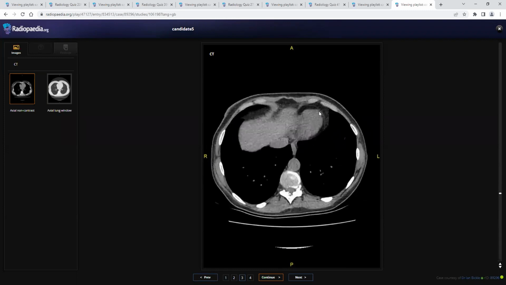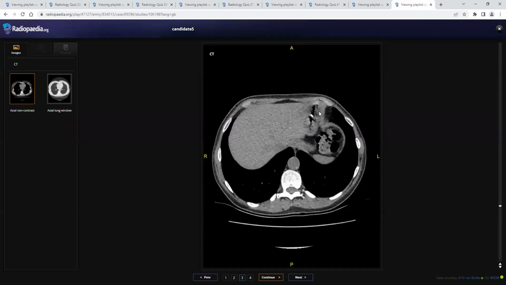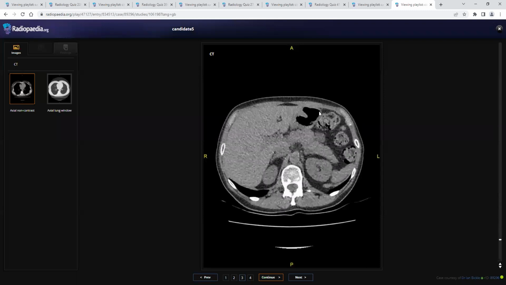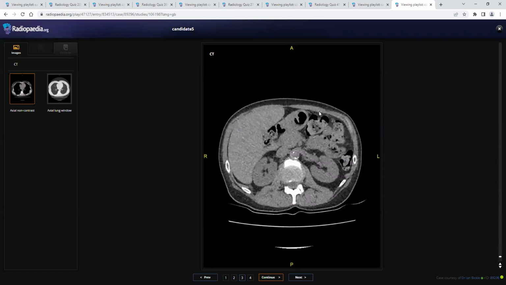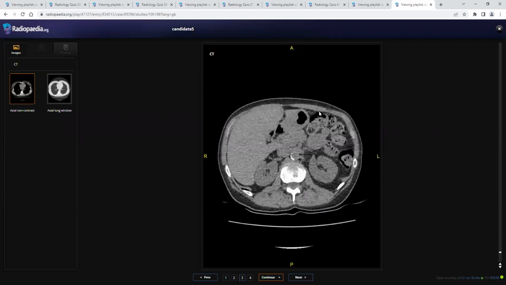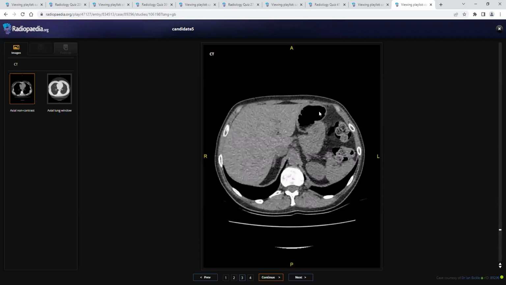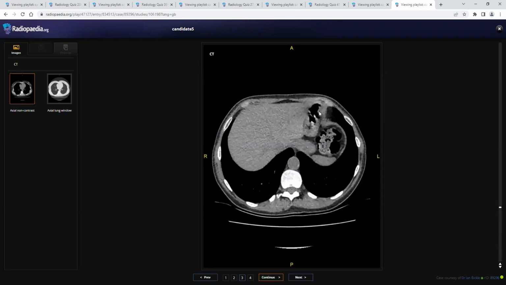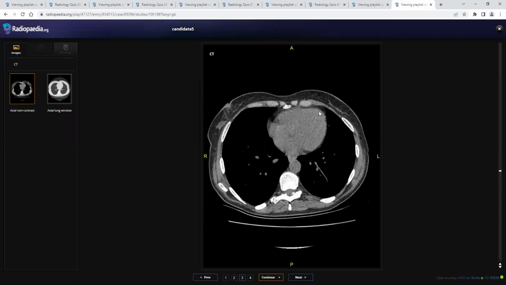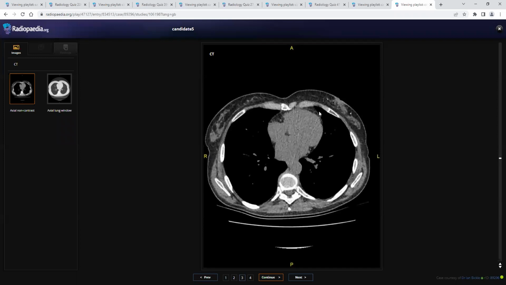I am scrolling craniocaudally and having a quick look first to see for the cause of abdominal pain and dysphagia in this patient. Now I'm scrolling caudocranially to see any definite abnormality.